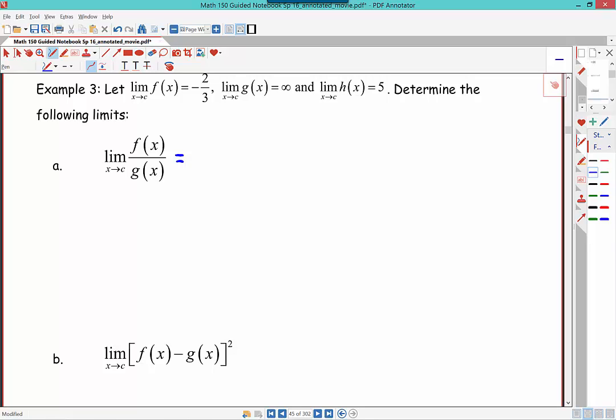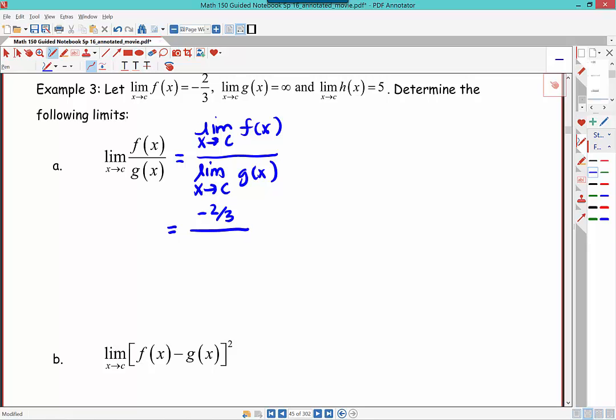So remember that this is going to be equivalent to the limit as x approaches c of f at x divided by the limit as x approaches c of g of x, because the limit of a quotient is the quotient of the limits. But what were those values? Good. The numerator takes on a value of -2/3 and the denominator takes on a value of infinity, right?